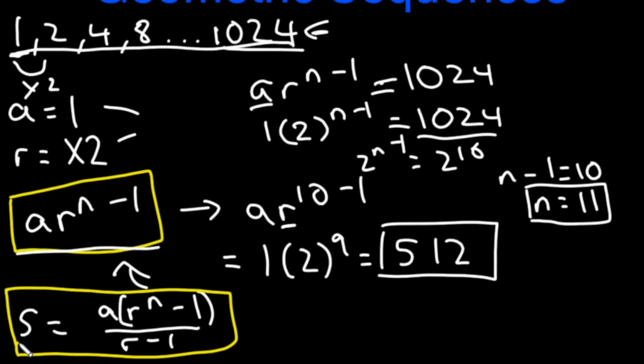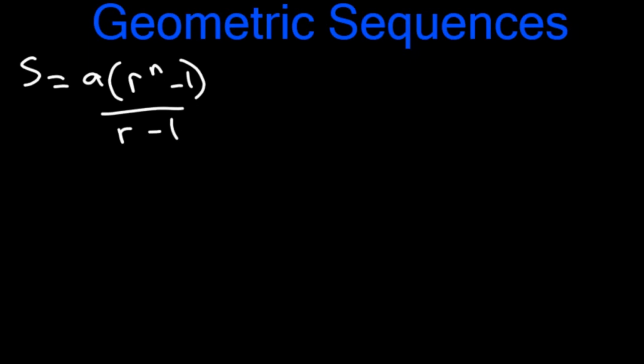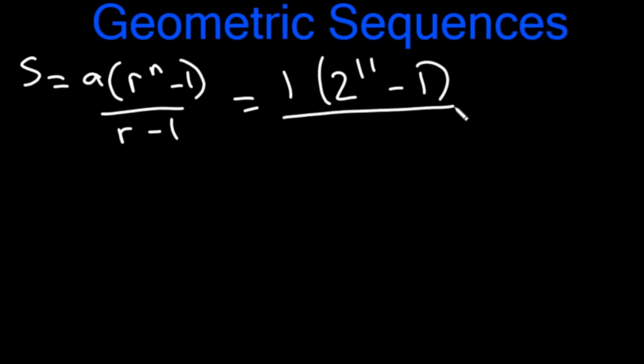So let's use it on this sequence. Again, the formula is the sum is equal to A times R to the n minus 1, divided by R minus 1. So we already have all the terms we need. A is 1, R is 2, n is 11, so 2 to the 11 minus 1, divided by R minus 1, that's 2 minus 1.